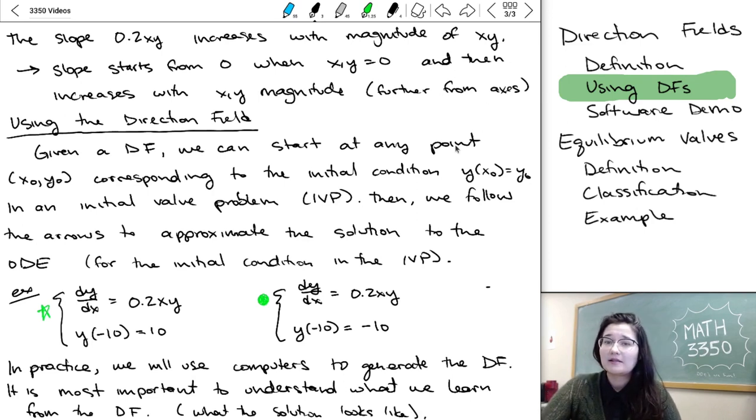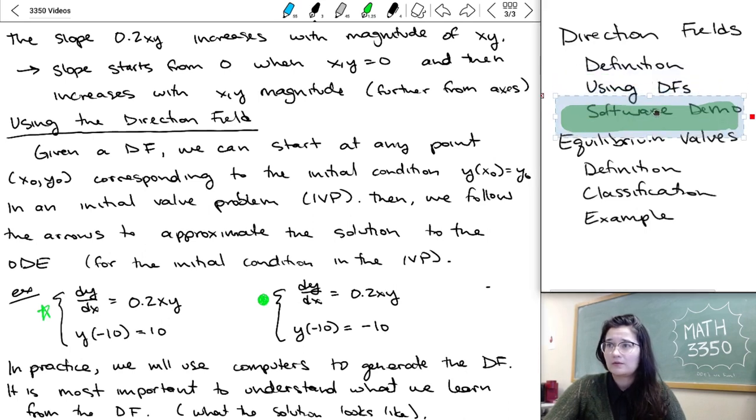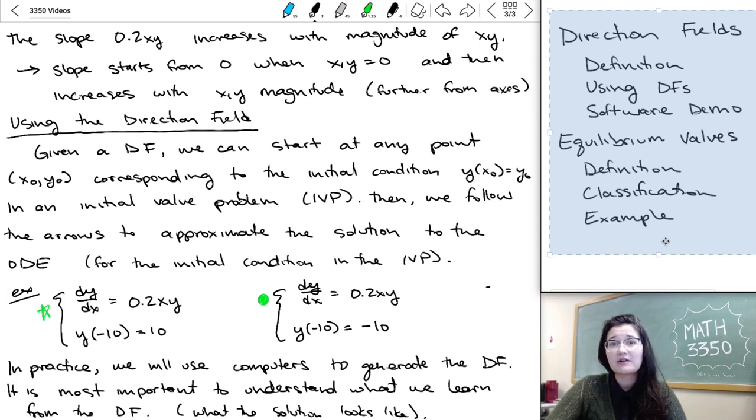So that is the first and last time, I think, that we will carefully draw a direction field. And next up, what we're going to do is a software demonstration of how you're actually going to generate the direction field on a computer.